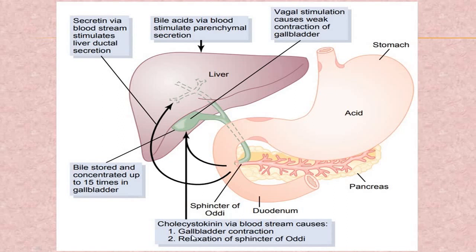It causes the contraction of the gallbladder so that the bile is released into the duodenum through this common bile duct. Cholecystokinin also relaxes the sphincter called the hepatopancreatic sphincter, so that bile from the common bile duct enters the duodenum.